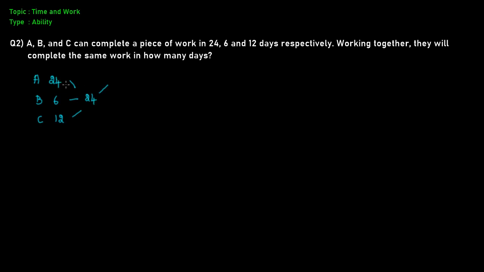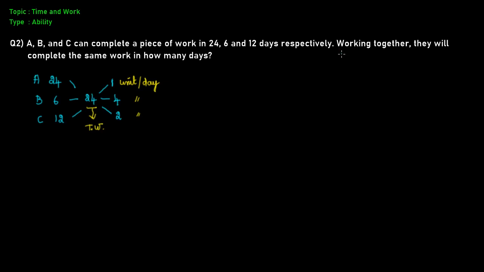Now, 24 divided by 24 is 1 and 24 divided by 6 is nothing but 4. 24 divided by 12 is 2, right? Now, I can clearly say that they have to complete a total work of 24 units and A can complete 1 unit of work per day, B can complete 4 units of work per day and C can complete 2 units of work per day, right?